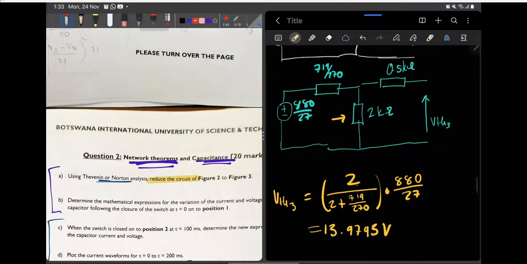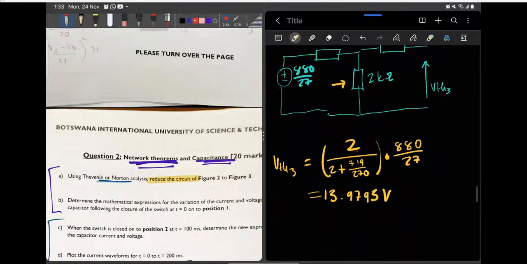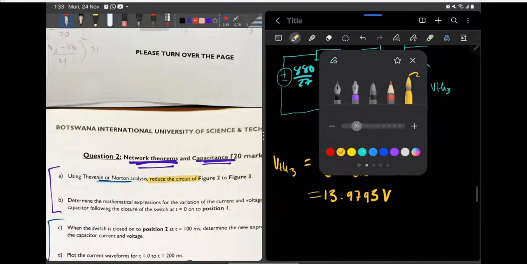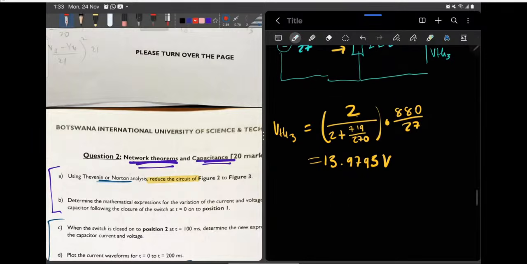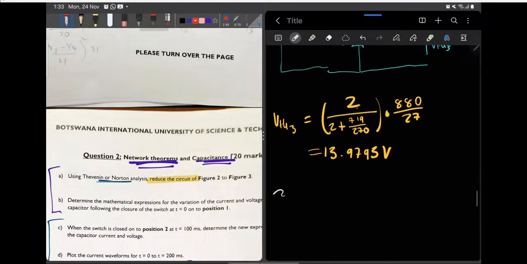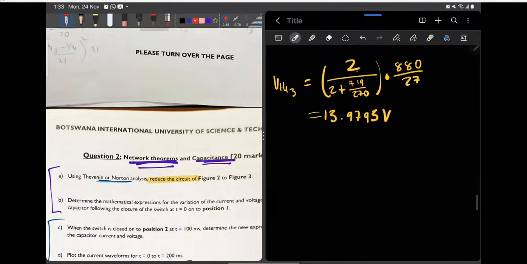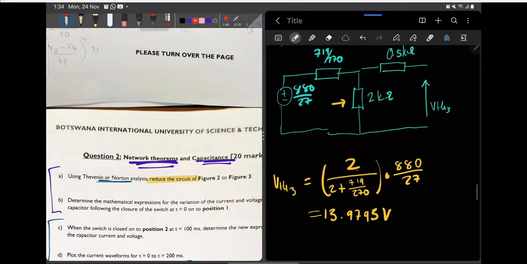So this is going to be V Thevenin the third. And now we can go ahead and get the current. To get R Thevenin, we're just going to treat them as if they're parallel. Here you get 719 over 270, and here 2 kilo ohm.